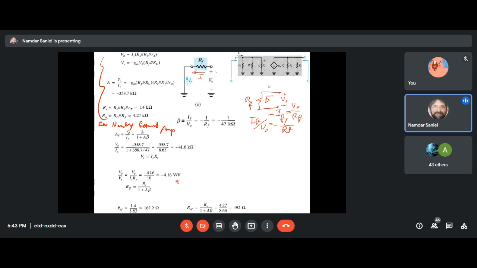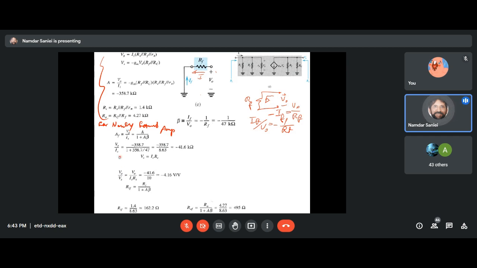And this is, again, not that it has nothing to do with the loop, but this is not directly related to the loop, but it is related to the circuit. And for the circuit, we have a VS, we have a VO, so that the ratio of the two will give us the voltage gain.